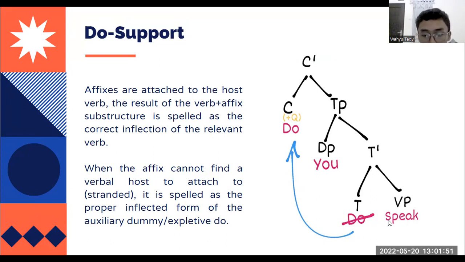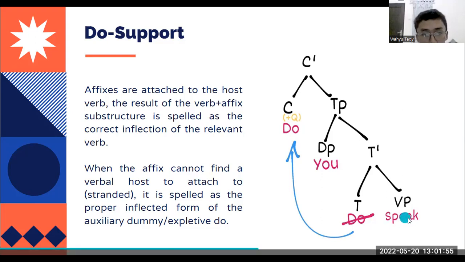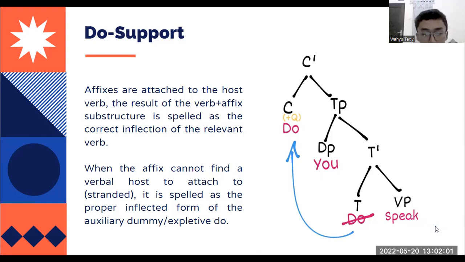And we can see the example I gave below to make the question, do you speak? If I take the inflectional morphology and move it down, and then we want to make the question, we have nothing left in T to go up.